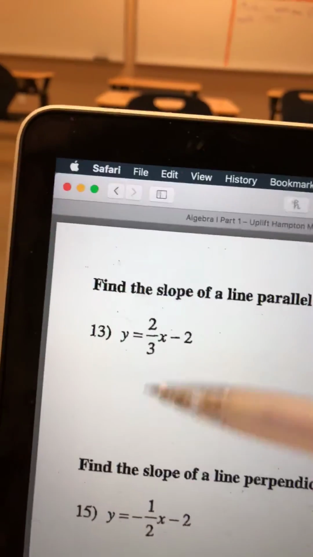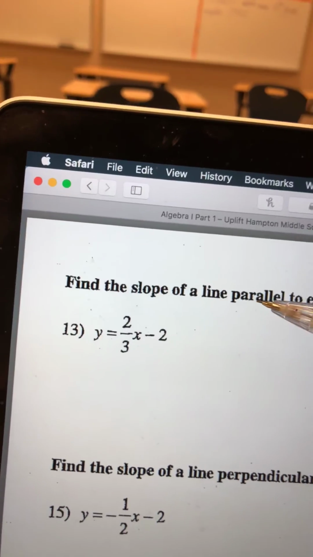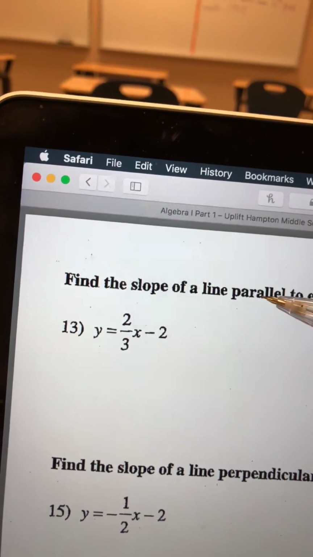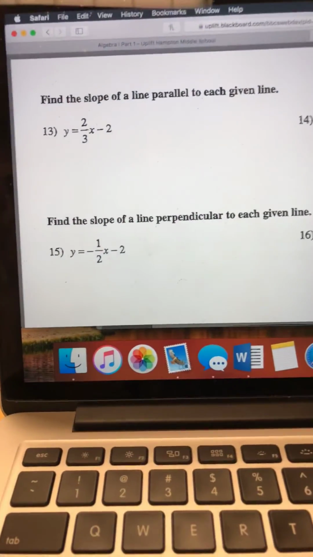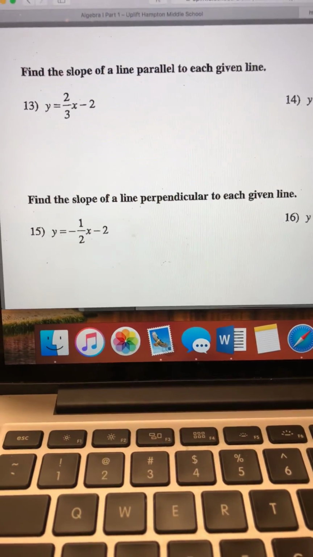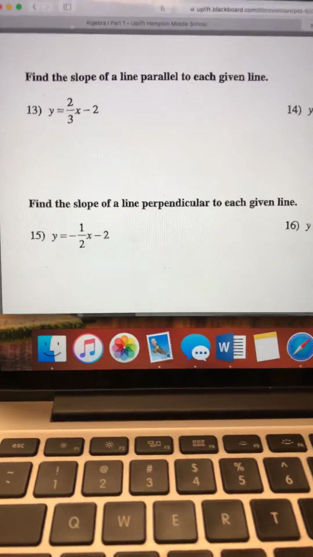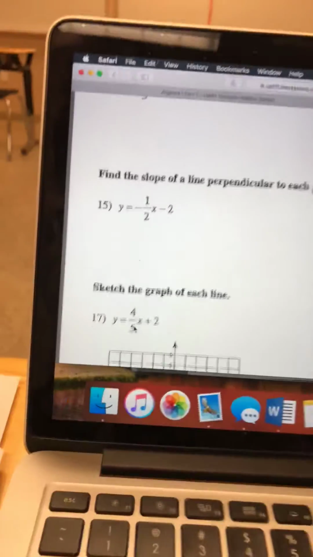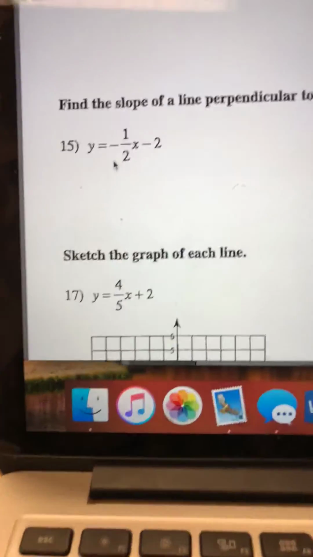So for number 13, I notice right here they give me the slope of 2/3, and I know a line parallel to that would have the same slope. Same with 14. Now a line perpendicular to each given line is going to go ahead and cross this equation.